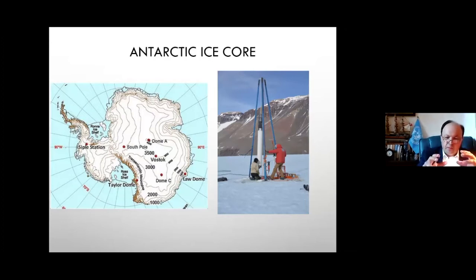The reason is because there are layers of ice on the Antarctic and also in Greenland. A very well-known region that has been explored is what is called Dome C. You've got it there at the bottom of that diagram of Antarctica, Dome C. And they get samples of these ice cores, and these ice cores are truly time machines.